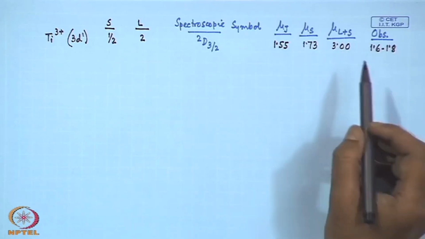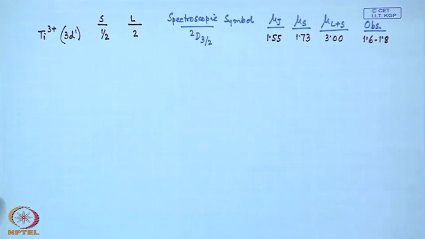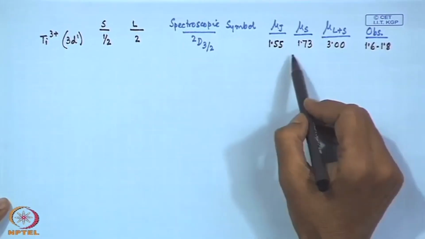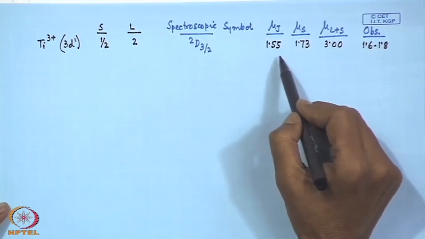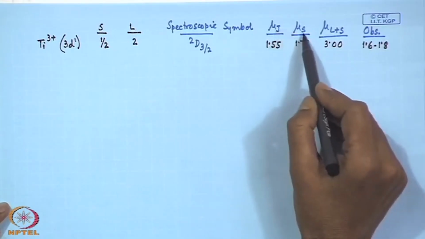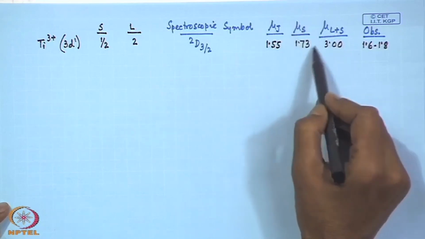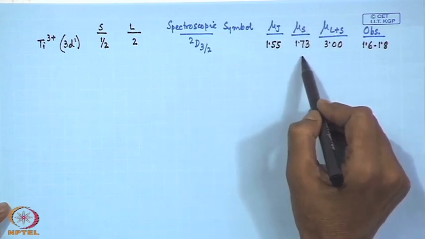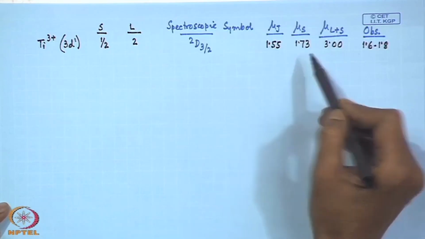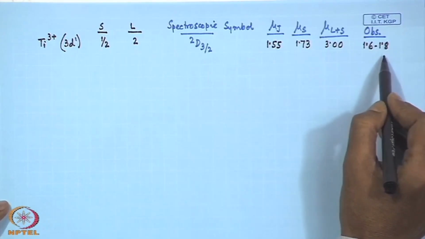So what we are fixing here is that we have a small value for the magnetic moment when we consider the mu J equation, that means J is a good quantum number. If we consider that there is no orbital contribution, then mu S is the good equation to determine the magnetic moment equal to 1.73, and in fact experimentally determined values are close to this.